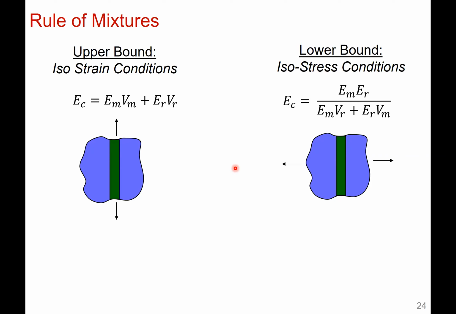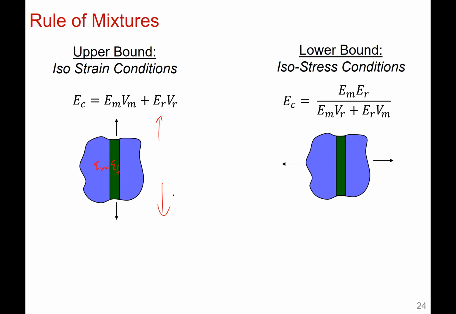The upper bound is when your composite is experiencing isostrain. Here's the strain of your matrix, here's the strain of your fiber, and the applied load is in the same direction as the alignment.